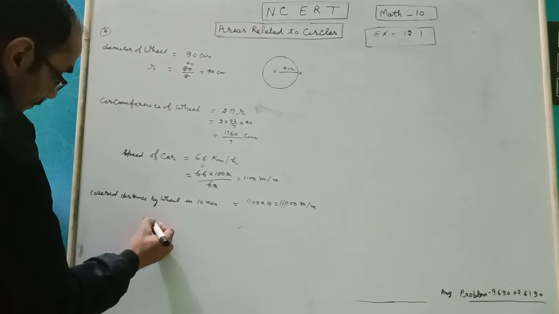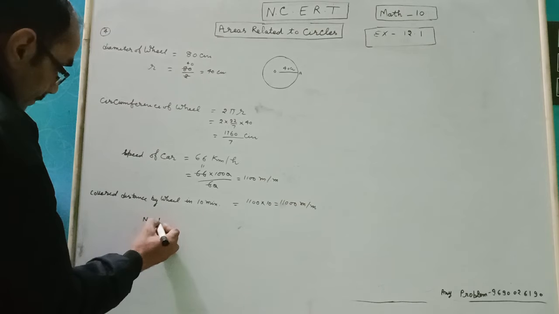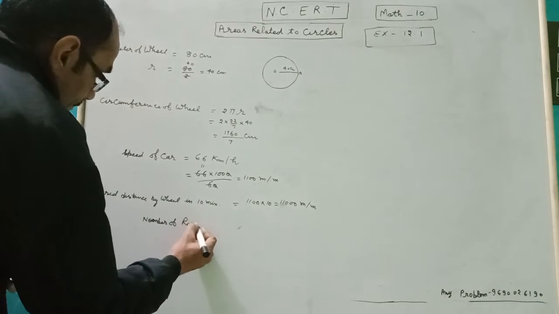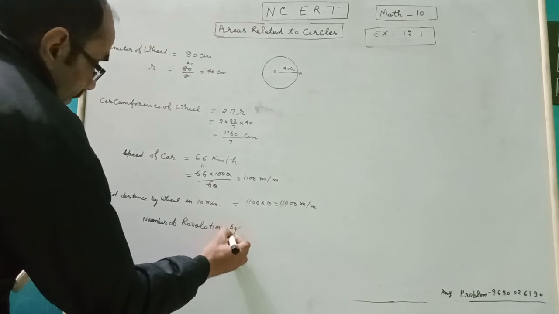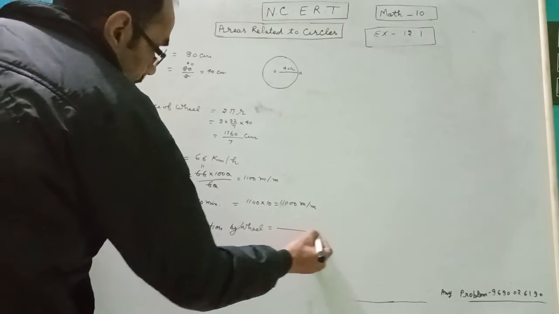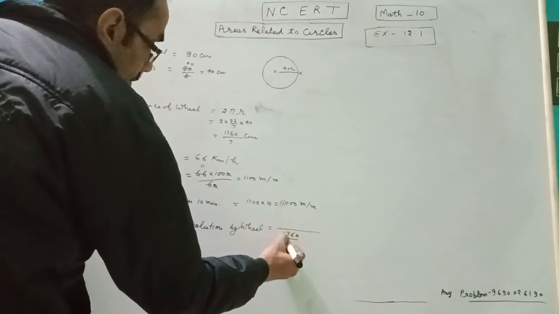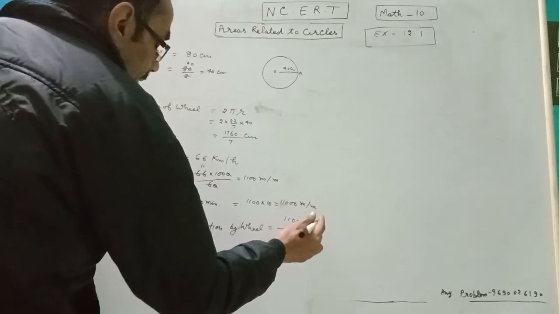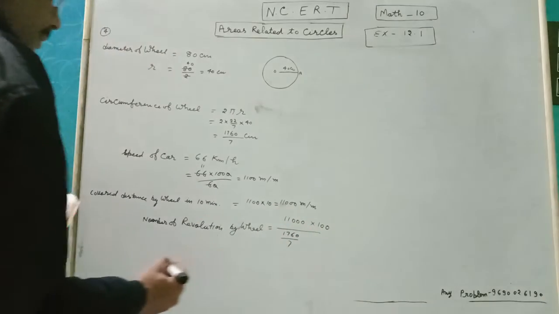Number of revolutions by the wheel is equal to distance upon circumference, and the distance is equal to 11,000 meters. Change it into cm by multiplying by 100.